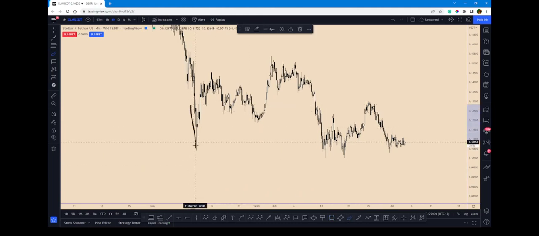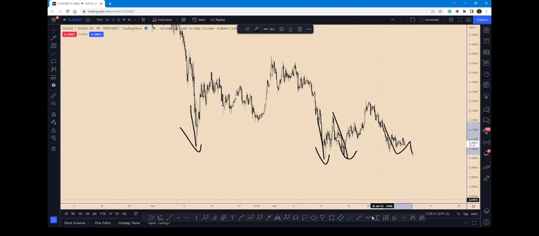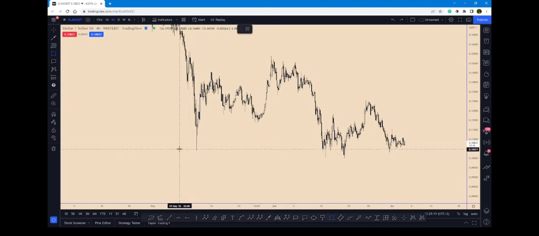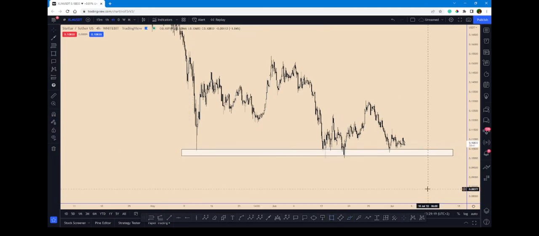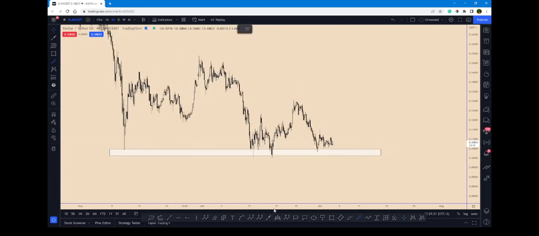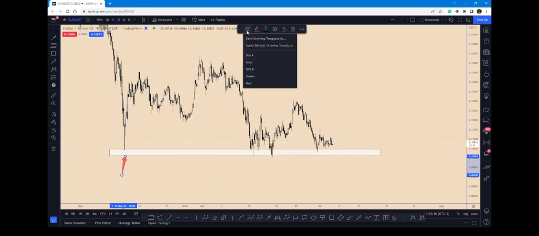Price came lower, it tested the first time, we have a second time, we have a third time, and the price is coming lower again. So let's connect all of these points, all of these lower lows, in this way. You will see that here we have our support area.